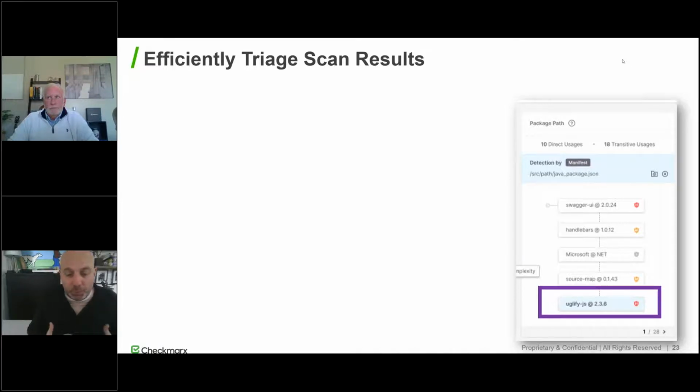And just because the vulnerability is not in the package you're trying to pull in, it might be coming from that transitive property, where you're pulling in A, B, C, and D, and the vulnerability is actually in D. To save you a lot of time in the triage process, you want to make sure the tool shows you that this package is being pulled in because you're trying to pull in package A.